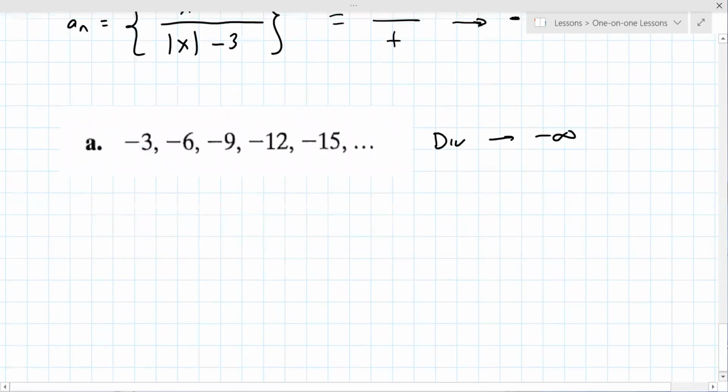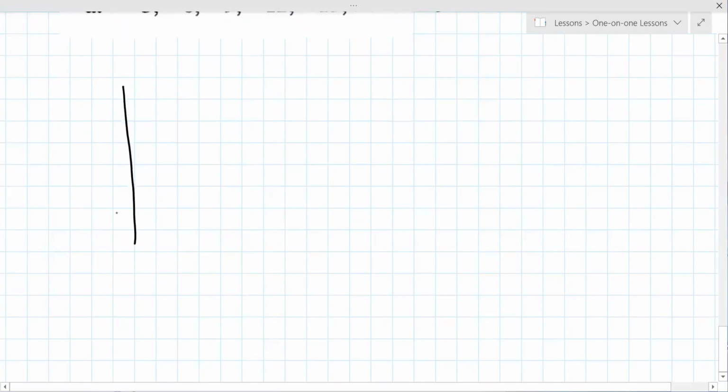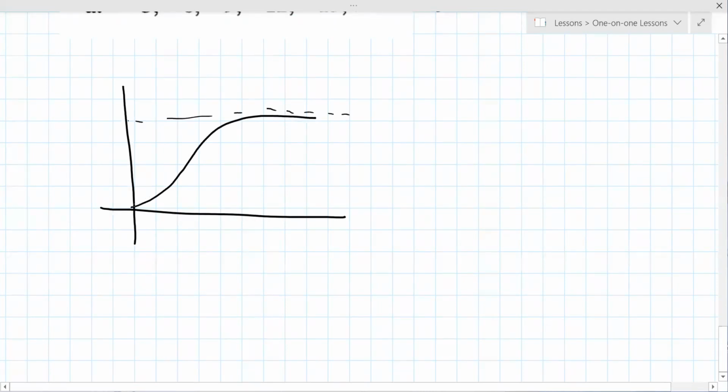Now, your instructor could be very crafty, I'll say. There are some functions that actually look like this, where they actually do approach a value. But depending on where you get your information, you might not see that it's doing this. So you really have to make sure you're comfortable with the idea of, okay, I'm either going to write the formula, which is best, because if you write the formula, you know what to do.